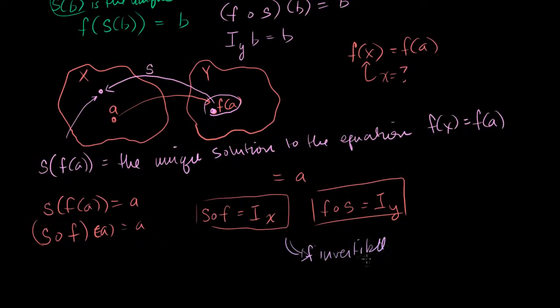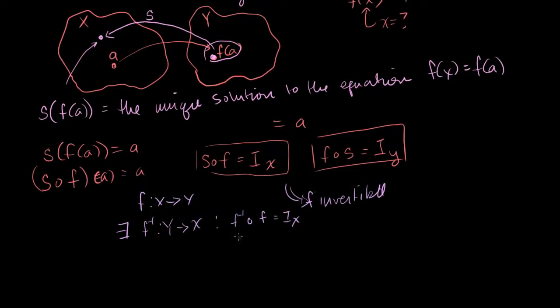Remember, in order for f to be invertible, that means that if f is a mapping from x to y, there must be some function f inverse that is a mapping from y to x, such that the inverse function composed with our function is equal to the identity on x, and the composition of the function with the inverse function is the identity on y.